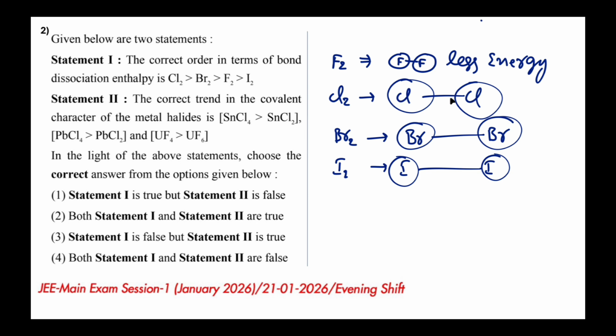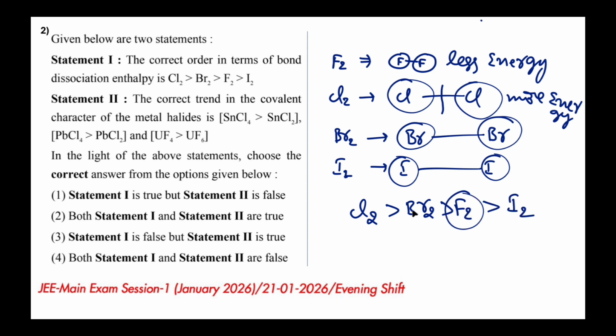But in chlorine, sufficient distance is there, so to break the chlorine molecule, we require more energy. Then in bromine and iodine, the distance is somewhat more, so we require less energy compared to chlorine. So the correct order is chlorine, then bromine, then fluorine, then iodine.